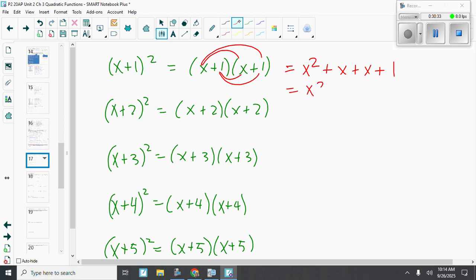So what I'm hoping, especially when we're doing a squared, is that we start noticing things and that maybe you guys are going to be able to do some of that collecting in your head, so that you don't have to write out all 4 terms.